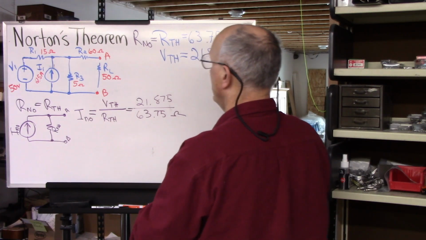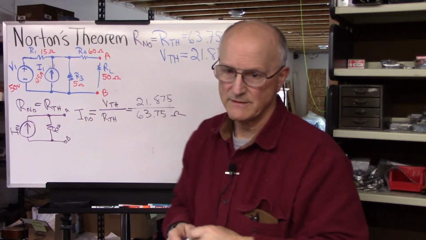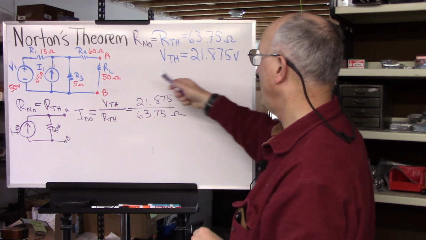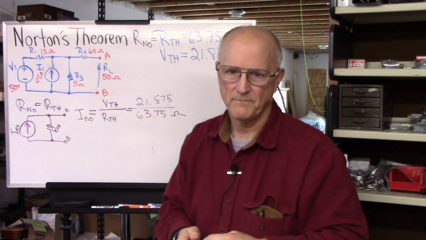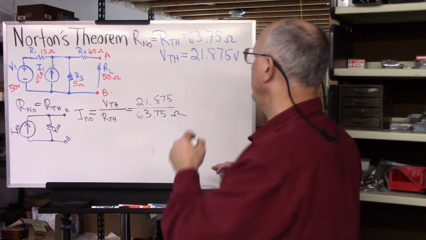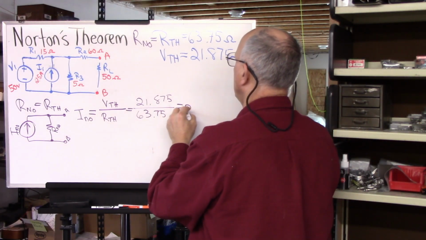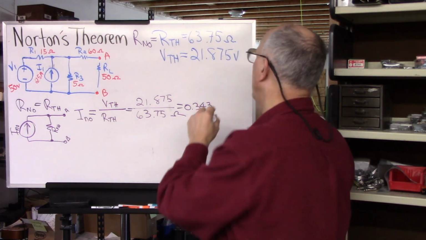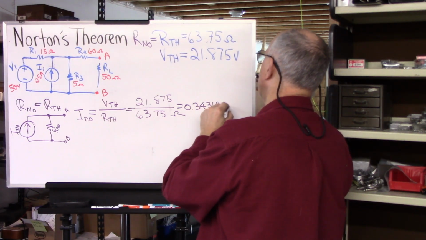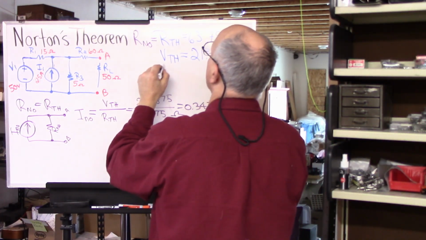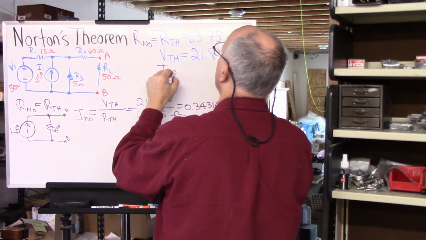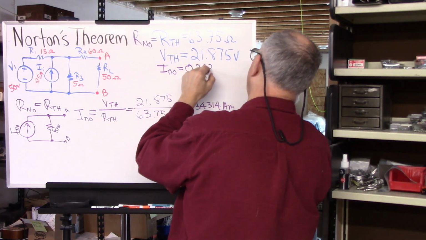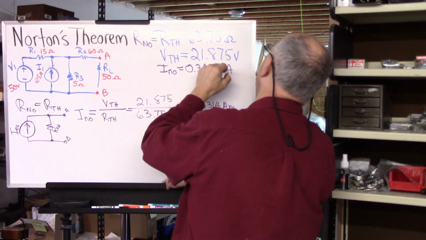So we discover then, when we do this simple math, that I Norton is equal to 0.343, if I remember right, 1414 amps. So we're right up here. I Norton is equal to 0.34314 amps.